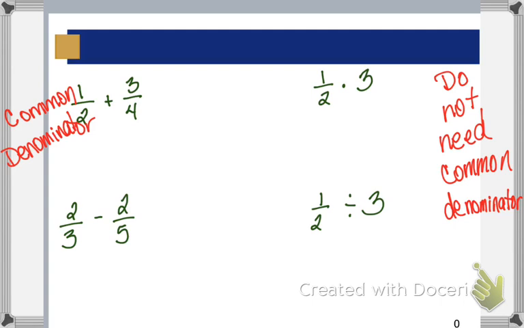If I remember correctly, if it doesn't have a denominator, it's over 1.